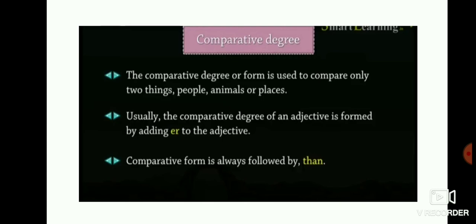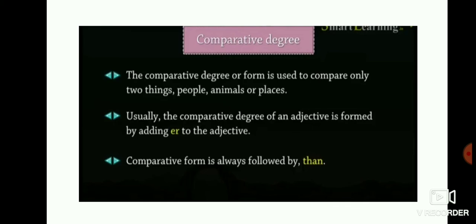Next, comparative. First positive, then comparative. The comparative degree or form is used to compare only two things: people, animals or places. Remember children, only two things. Usually the comparative degree of an adjective is formed by adding er to the adjective. Comparative form is always followed by than.